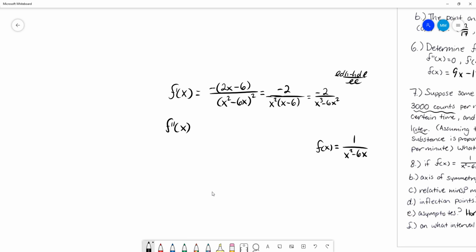Okay, so now it is low d high. The derivative of -2 is 0, so that low d high term disappears, minus high, so it's going to be plus 2, d low, so it's going to be 3x squared minus 12x over low, low.